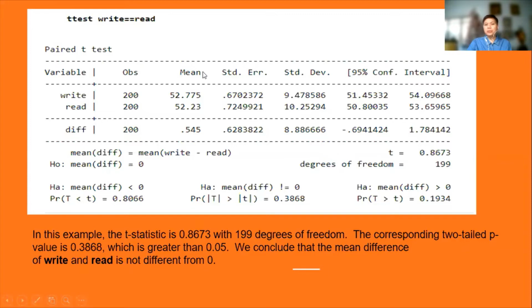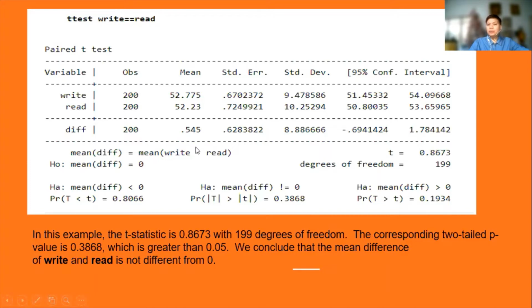We wanted to know if there is a significant difference between the writing score and the reading score of the participants. And what did we find out? Okay, we found out that the writing score was 52.775, and then the reading score was 52.23. So there was just a difference of 0.545.